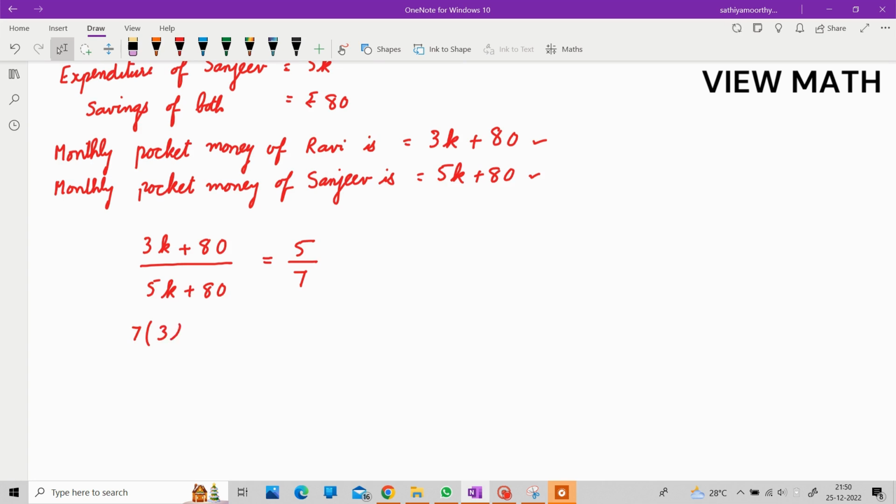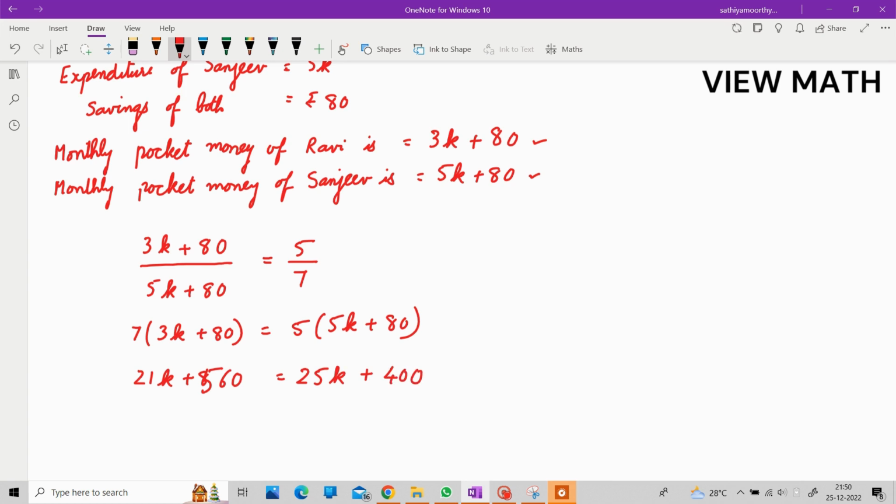7 into 3k plus 80 is equal to 5 into 5k plus 80. 3 into 7 is 21k plus 7 into 80 is 560, is equal to 5 into 5 is 25k plus 5 into 80 is 400.